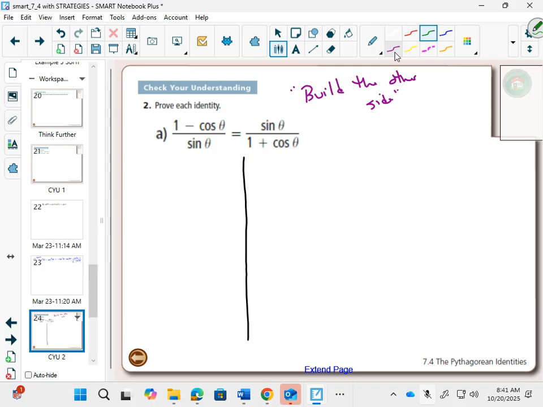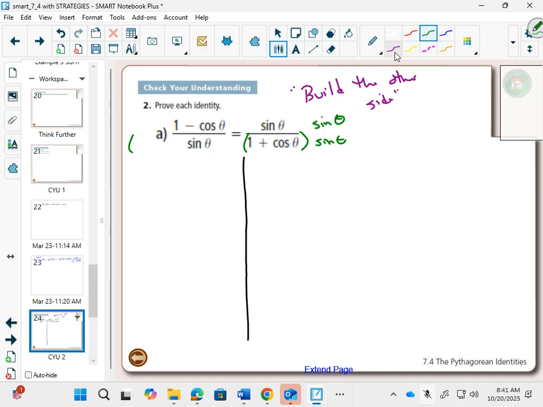Maybe you make your denominators the same. Maybe you make your numerators the same. So what I'm going to do here is I'm going to say, I want to make my denominators the same. This denominator is 1 plus cos theta. This denominator is sine theta. If I want them to be the same, this one would need to be multiplied by sine theta over sine theta.